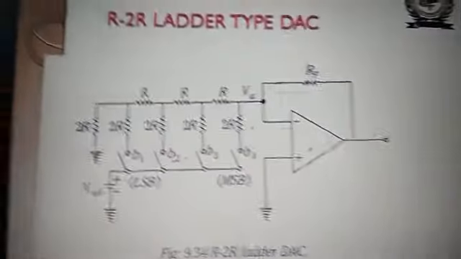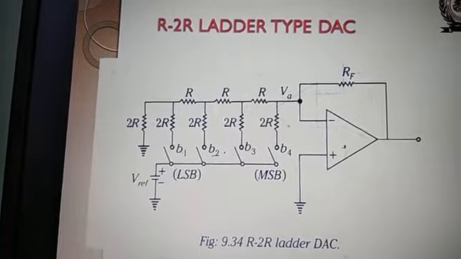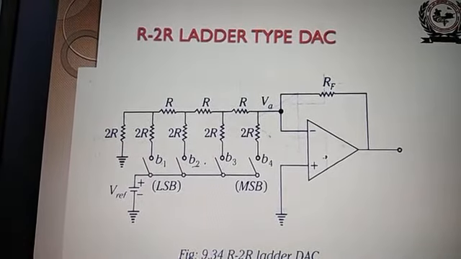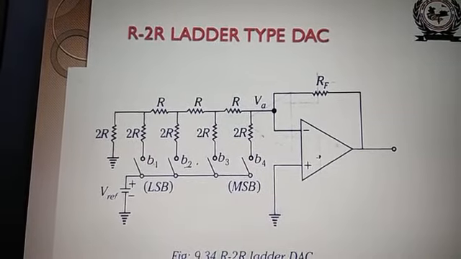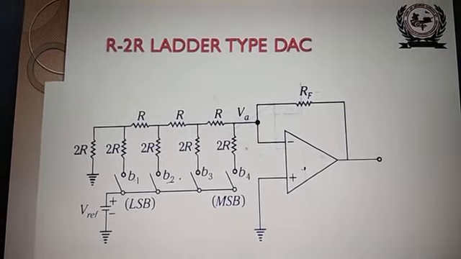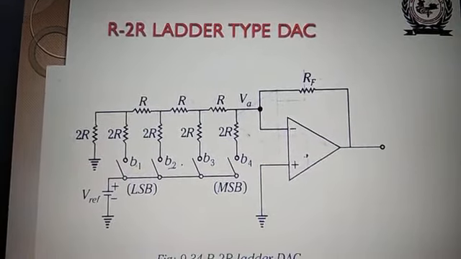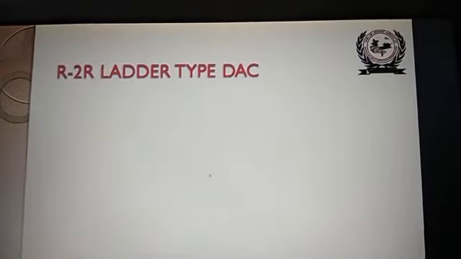This is the circuit diagram of the R to 2R ladder network inverting amplifier. R to 2R network, and B1, B2, B3 are the binary inputs, depending upon the closing and opening of the switches, MSB and LSB.